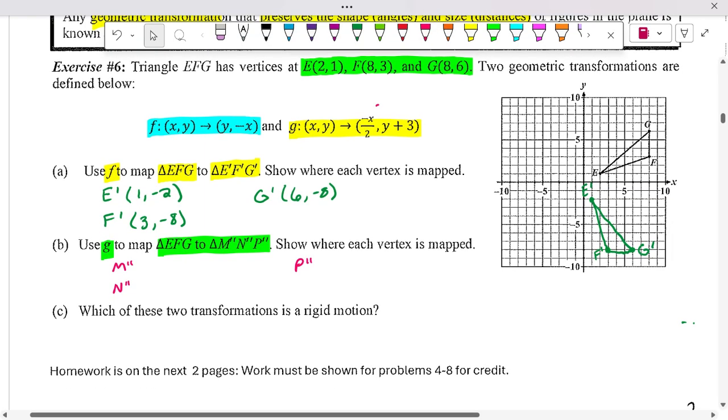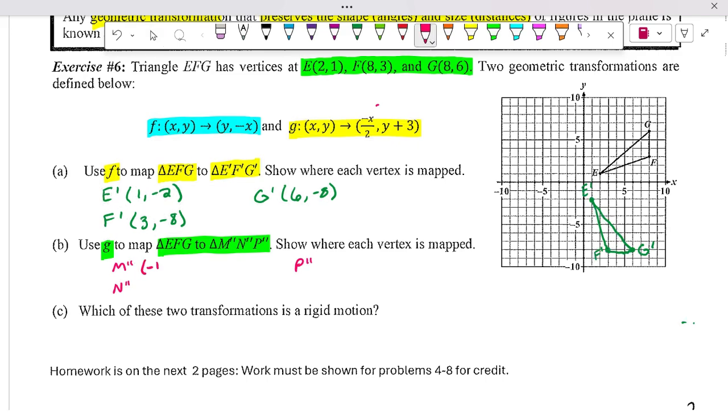So for E, what happens with the X value? So it turns negative, so I have negative 2, and then I do what? Divide by 2, so I get what? Negative 1. Then if I add 3 to 1, what do I get? 4. So for N, I change F to be negative 8 divided by 2, so I get what? Negative 4.